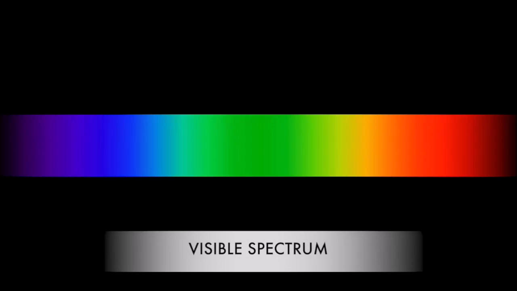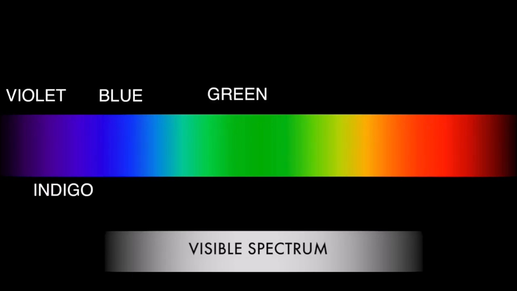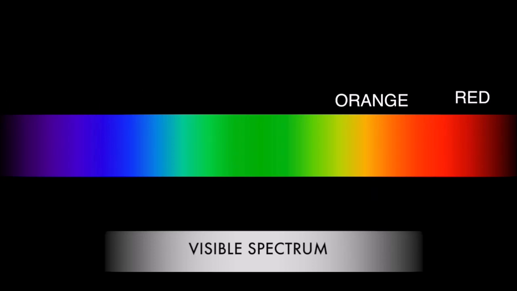Now this is the visible spectrum. We all know that it is represented by VIBGYOR: violet, indigo, blue, green, yellow, orange and red. Blue is the short wavelength area, green is the medium wavelength, and red is the long wavelength area.